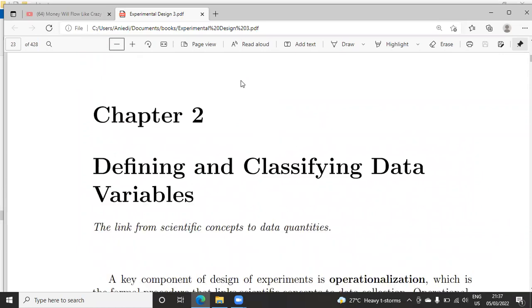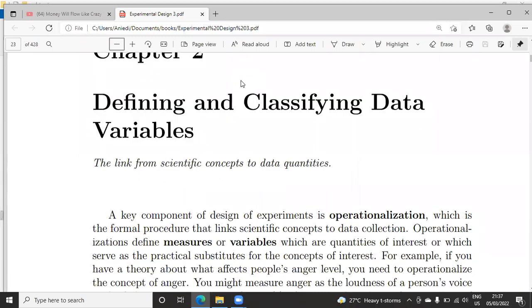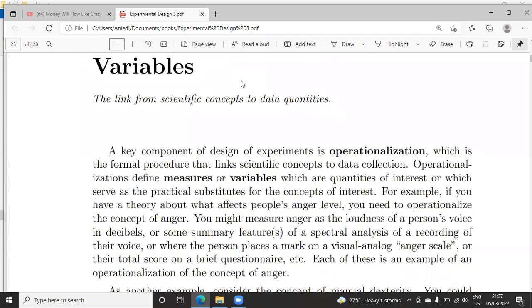Now, this is where I intended to start, but I'll be brief, probably 5 minutes. Defining and classifying data variables. This is where the problem of experiments always comes.